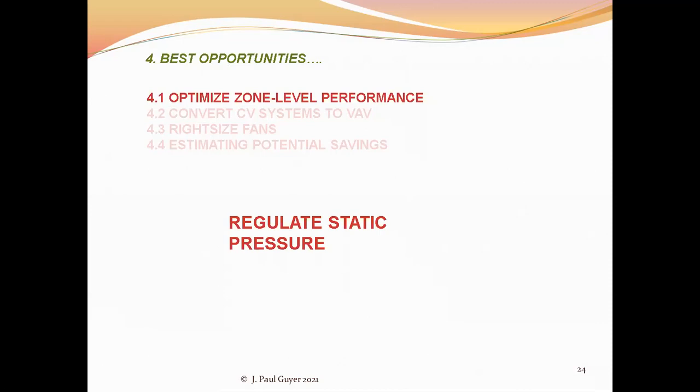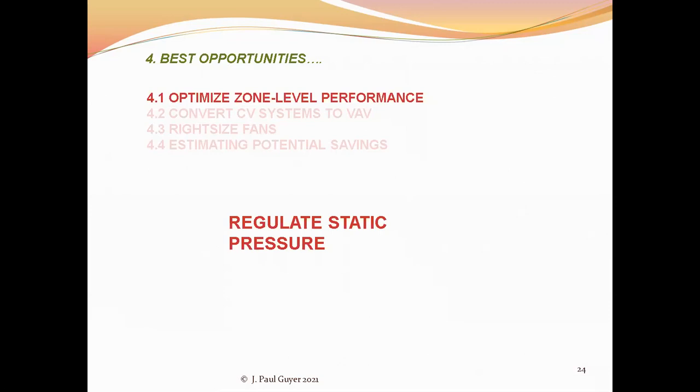Over time, these systems, consisting of a static pressure sensor, damper, actuator, and linkage, can fall into a state of disrepair. Failure of the static balancing dampers can cause significant energy waste and occupant discomfort.